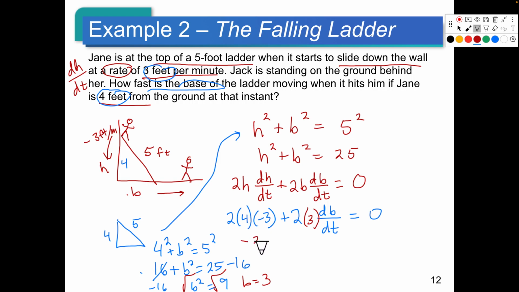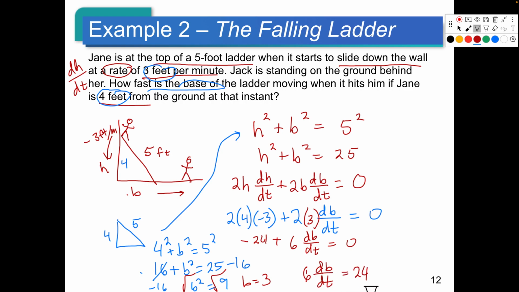So we got negative 24. 2 times 3 is 6, dB dt equals 0. Let's add 24 to both sides. So we get 6 dB dt equals 24.